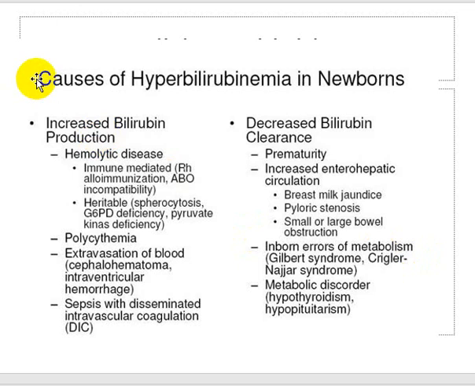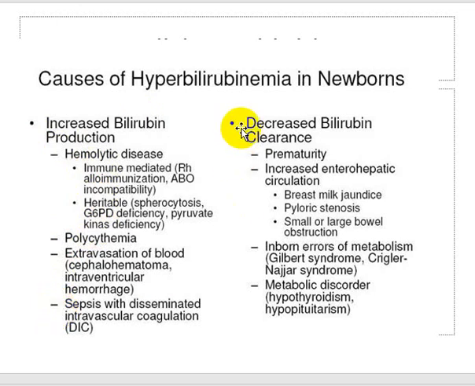This slide shows the causes of hyperbilirubinemia in a newborn. There are two important problems. Either the bilirubin is increased or bilirubin clearance is decreased. It is present, but the clearance of this bilirubin is decreased. Increased bilirubin is either from hemolysis, and here are the causes for hemolysis, or from polycythemia, or from extravasation like cephalhematoma, or from DIC and sepsis.